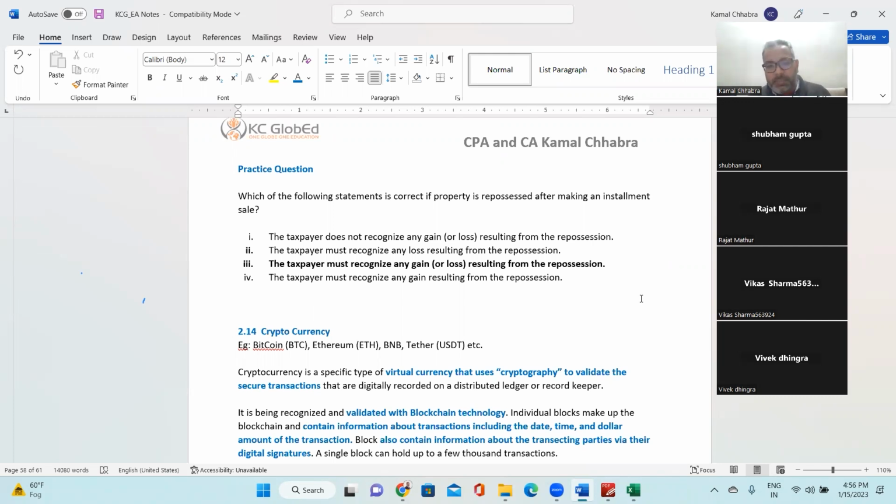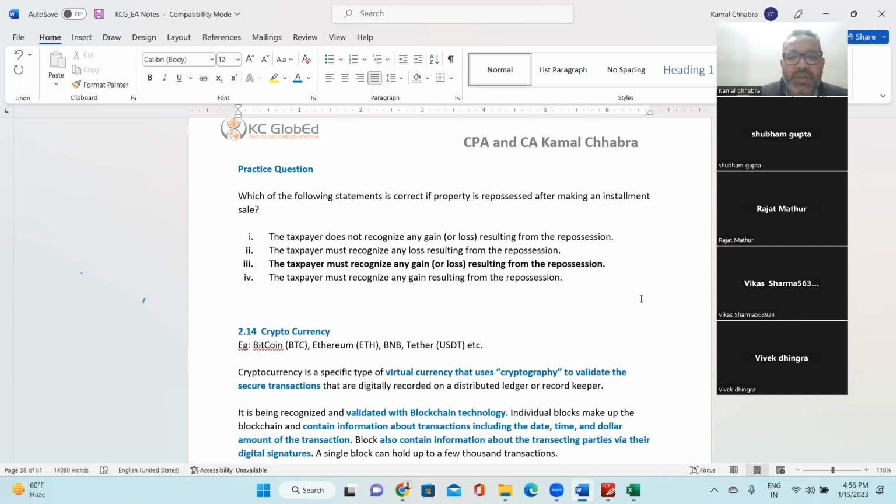Now look at the third point. The taxpayer, the company, must recognize the gain or loss resulting from the repossession in the same year, right? If you see the first point, the taxpayer does not recognize any gain or loss resulting from the repossession. That answer is wrong, right? Because if you are repossessing any asset, any gain or loss, you need to recognize.